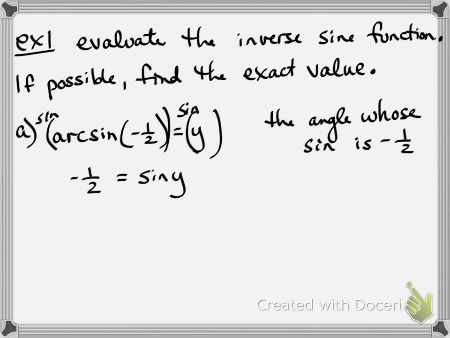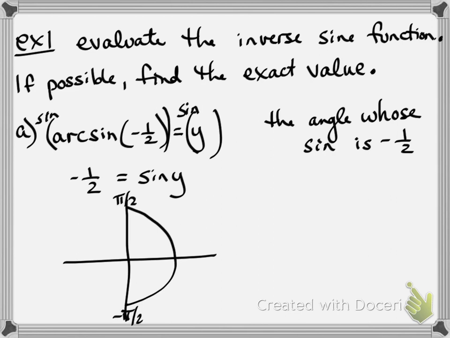So we're going to the unit circle. We only look at these two quadrants between negative pi over 2 and positive pi over 2. And you're looking for the y value, the sine value of negative 1/2. And it happens down here. Get my ordered pair right.